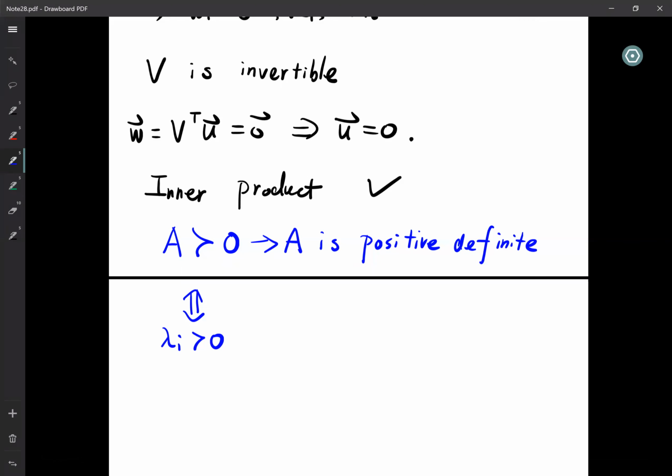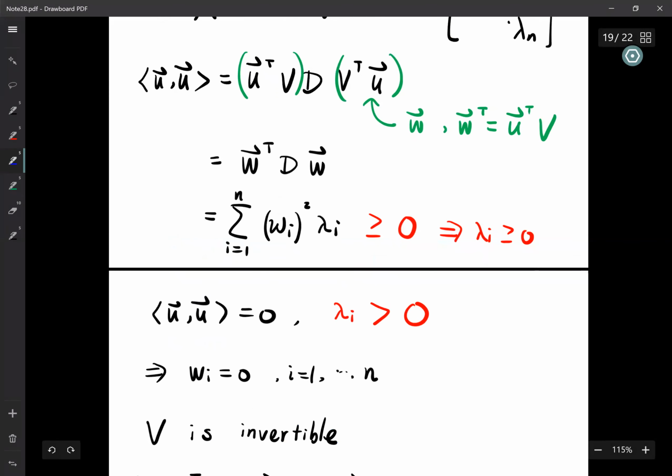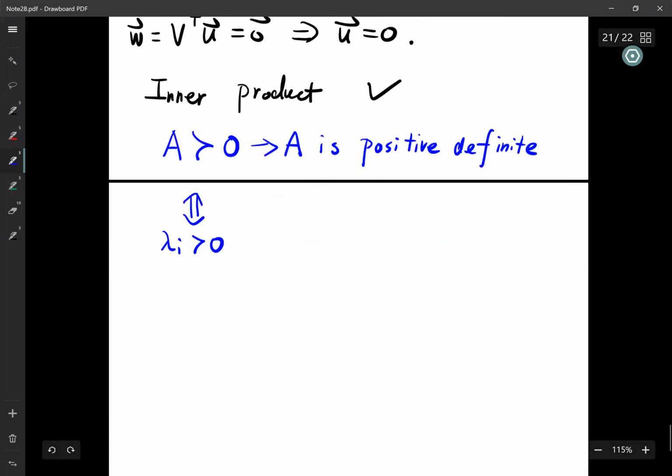In the case when all the eigenvalues are non-negative, we write A with a notation almost like a bigger than or equal to sign, and it is pronounced as A is positive semi-definite.